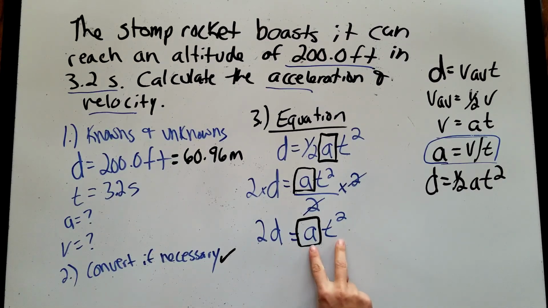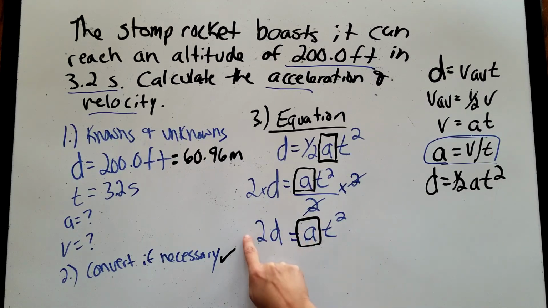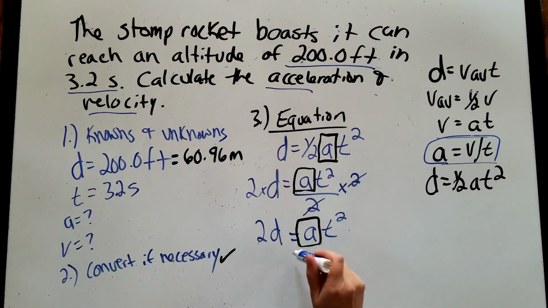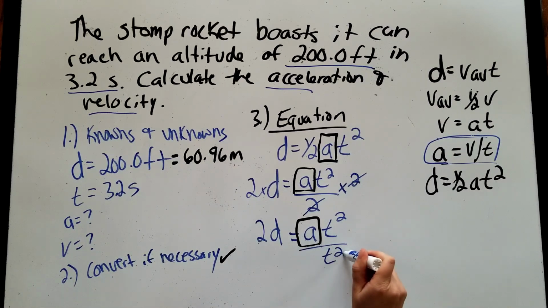Well, what am I doing with these variables? I'm taking a and I'm multiplying it by t squared. So if I want to get rid of the t squared, because that's my goal, is to move t squared to that side, so a is by itself, I want to do the opposite. So right now I'm multiplying. The opposite of multiplication is division. So I'm going to divide by t squared.